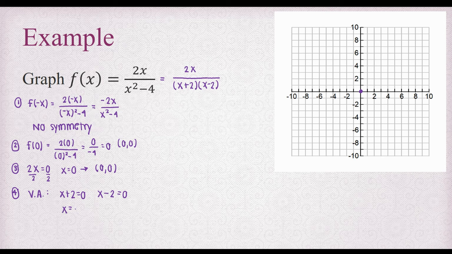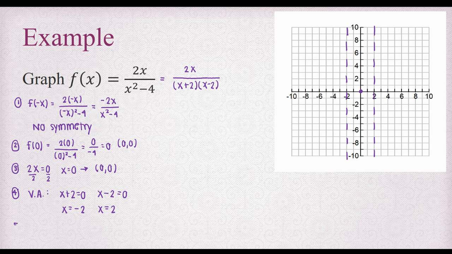I'll have to subtract 2 for one of the equations, and add 2 for the other. So those are my 2 vertical asymptotes. And remember, they have to be drawn as a line. So x equals negative 2 means that I have this vertical line right here that I want drawn into my graph. And x equals positive 2 means that we have a vertical line here at positive 2, which also needs to be drawn.